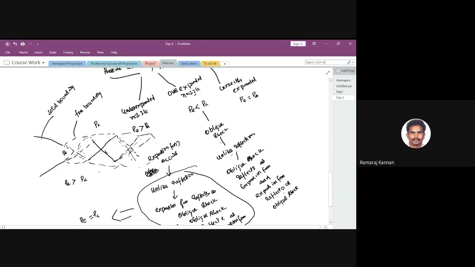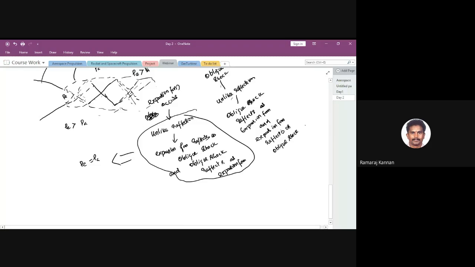So it's going to be vice versa. It's going to continue until your PE changes to PA, that condition is achieved. Until then, that's going to happen.